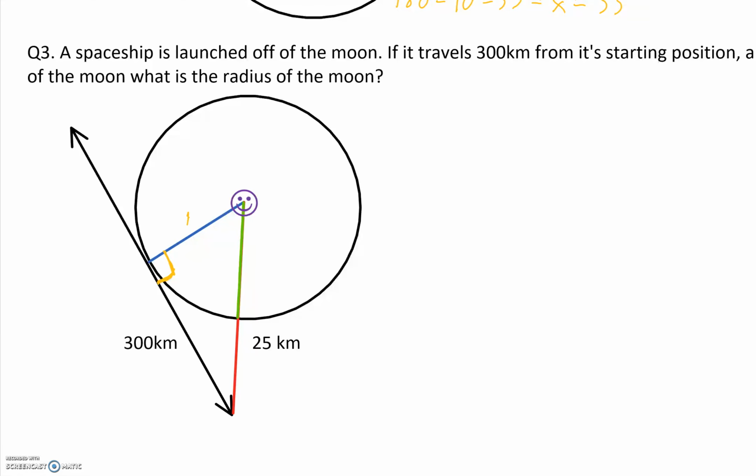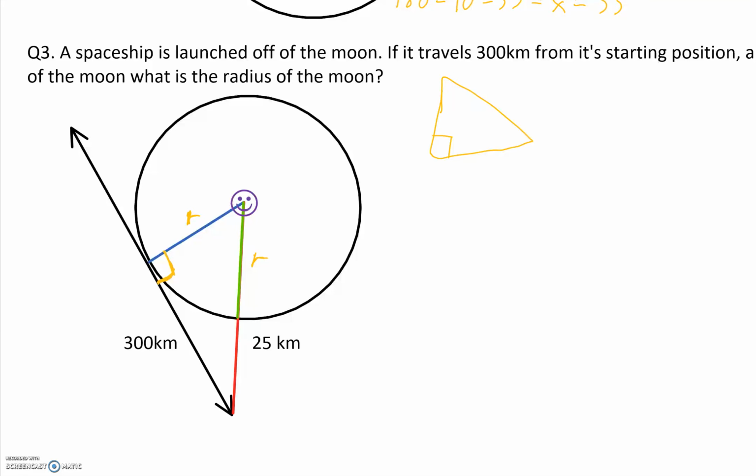So let's label this R for radius. And actually, green is also R. Right? You should be able to see that. Radius is from the center of the circle to any point at all on the outside. So let's get rid of those. So what we have here is actually still Pythagorean theorem.